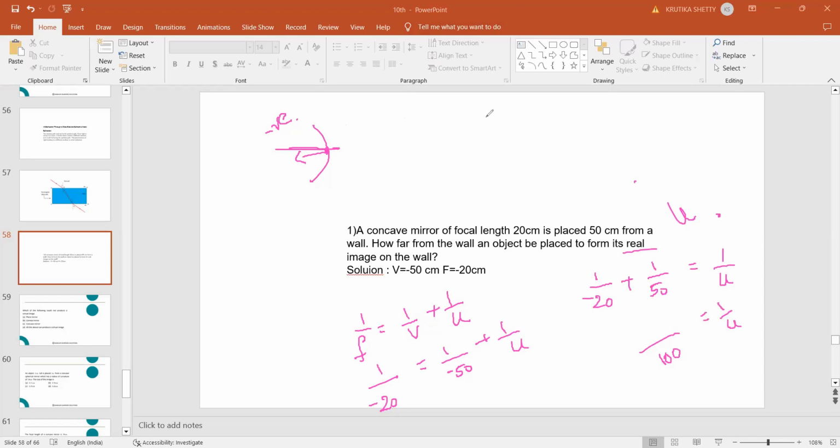You have a concave mirror, 50 centimeter from a wall. Calculate and tell me what you are getting, that u value.